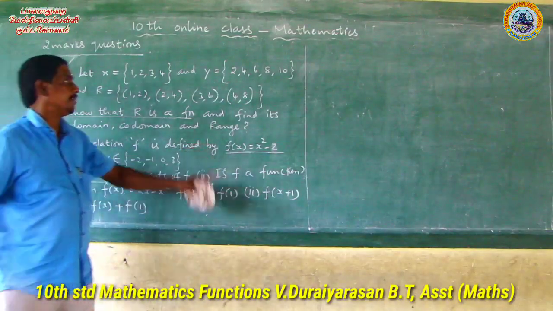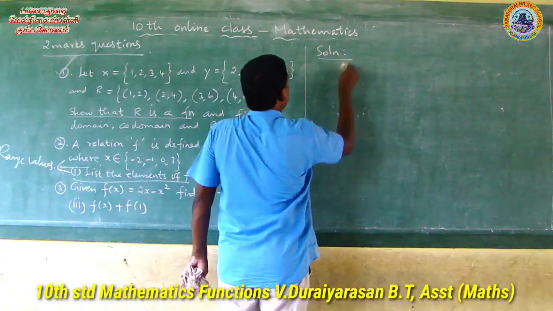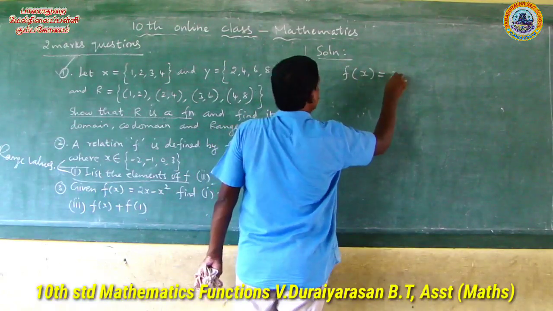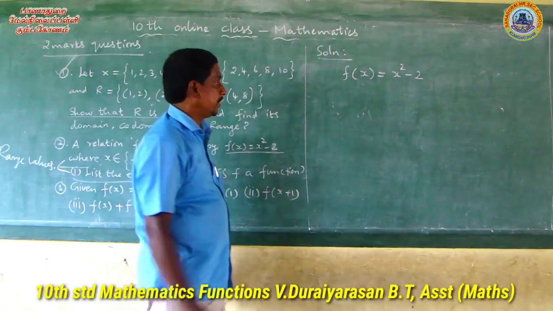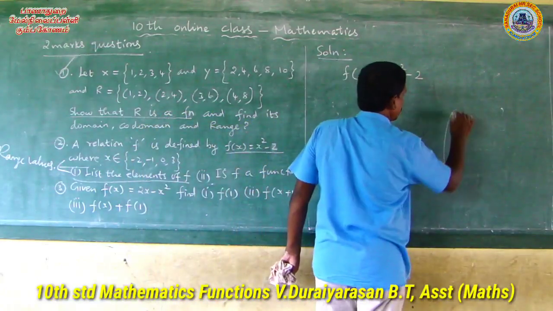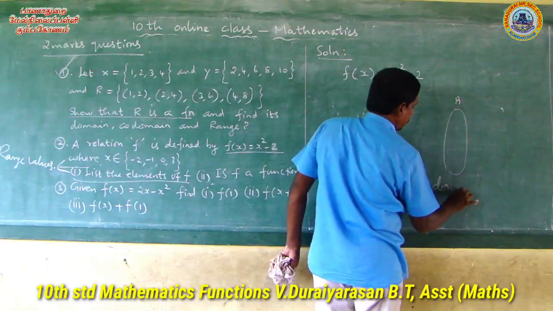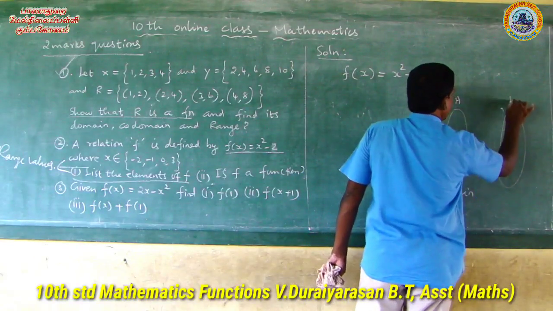Okay, what is the given point? First, what is given? f of x is equal to x square minus 2. What is this? A, domain. What is this?